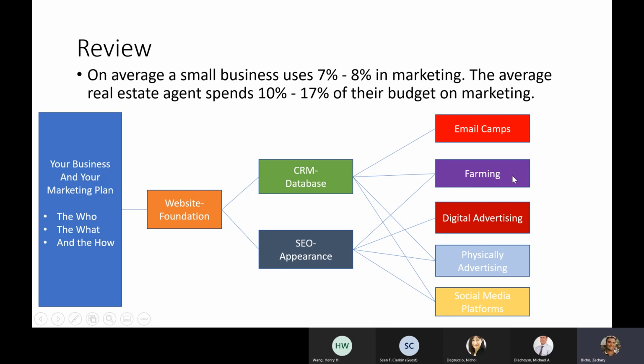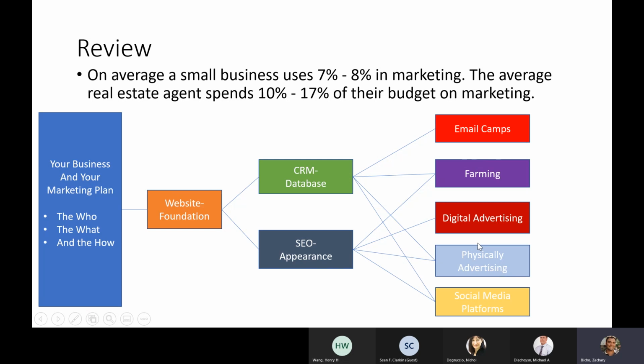Or we start farming an area, and then we get contact from somebody, and we have their email address, but we don't know what to do with it. We can't put them in our CRM, and we don't have any way to start them on our email campaigns to stay in touch with them.